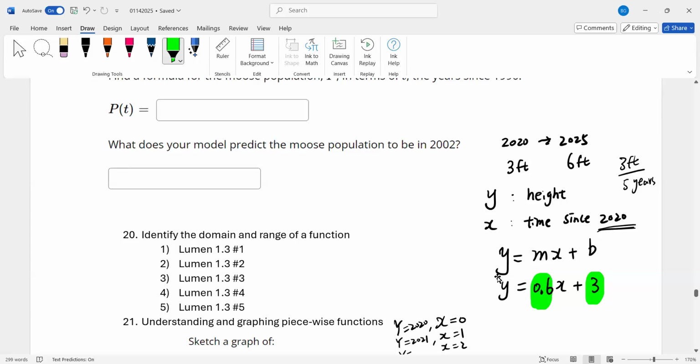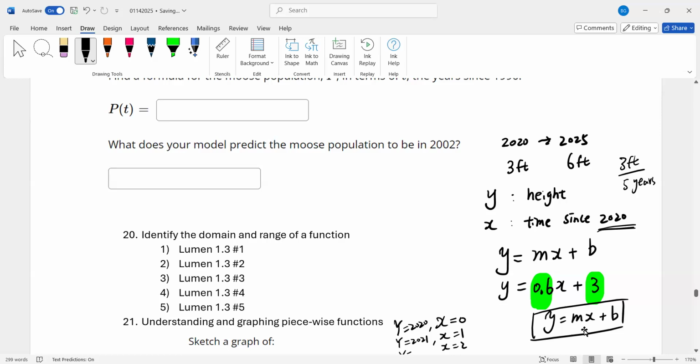So I want you to remember when we use a linear function, y equals mx plus b, to model a real-world situation, x here is the independent variable. A lot of times, x here is the time. Y here is the dependent variable. M here, the slope, is the rate of change.